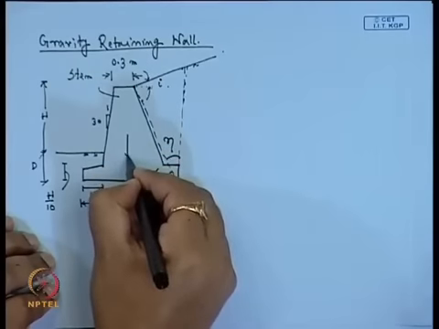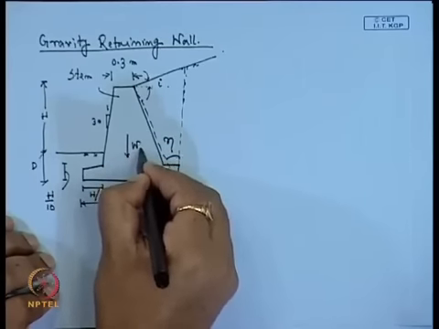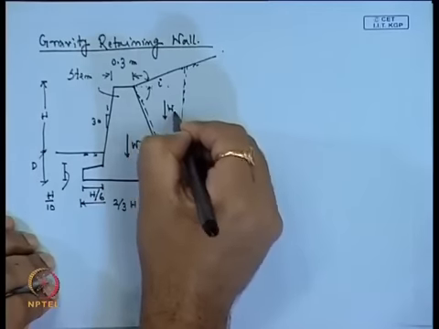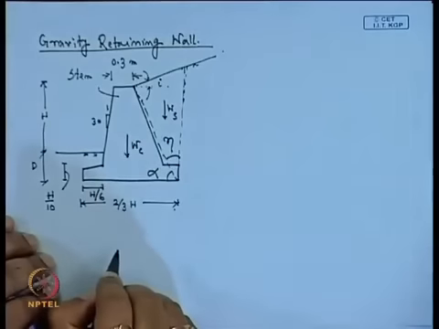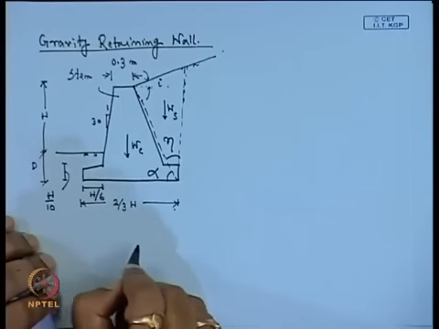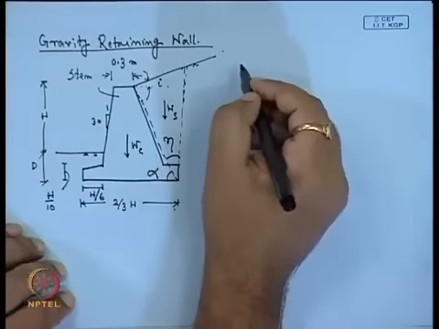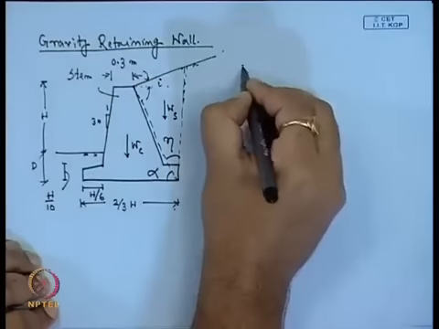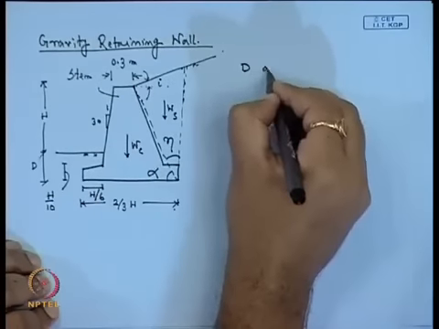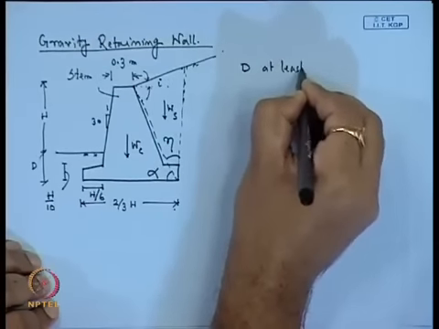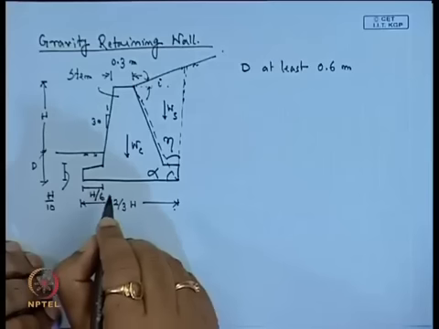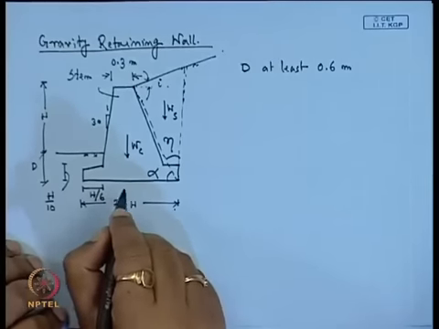This is the weight of the concrete, W c, and this is the weight of the soil. This D value should be at least 0.6 meter.